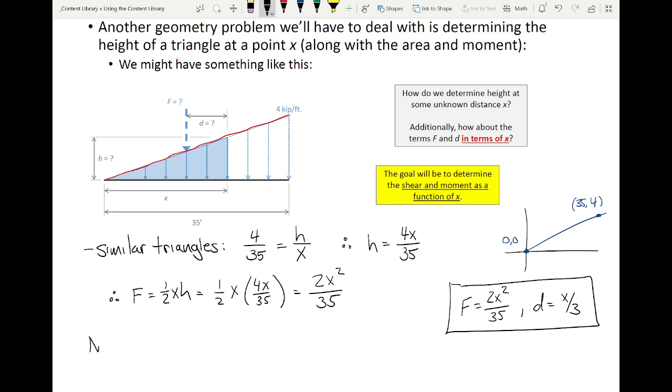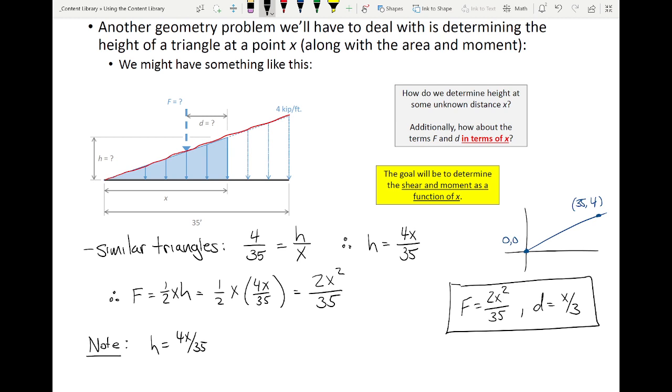One other thing I will mention, because I think this is kind of nifty. I propose that the height is 4x over 35, right? That tells you the height of the triangle as a function of x. Now, the load is going downward, right?